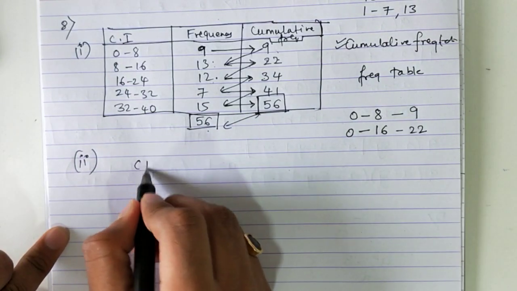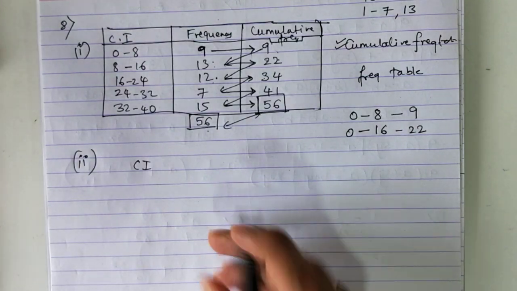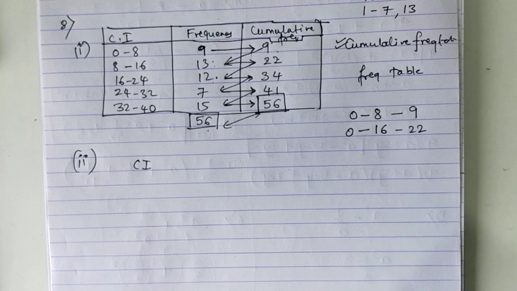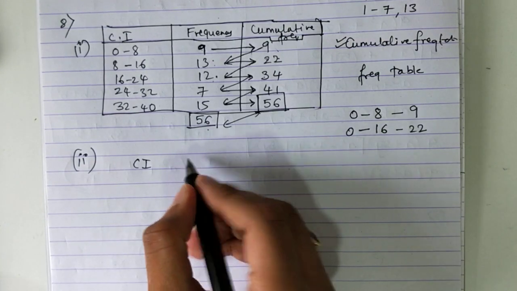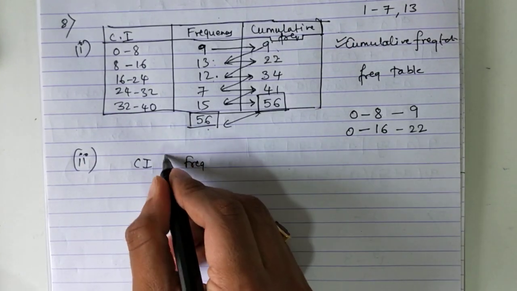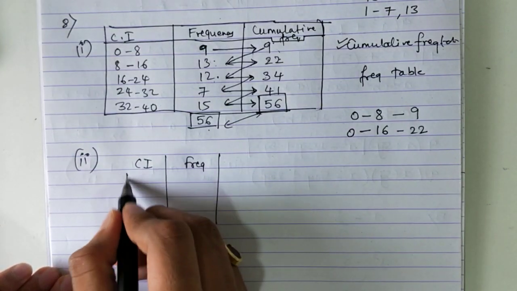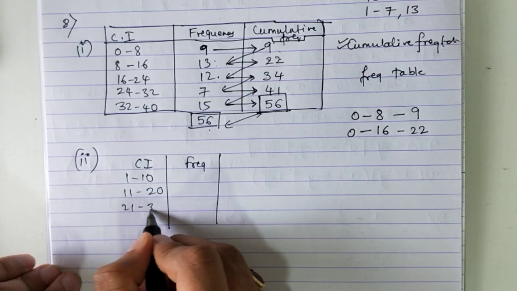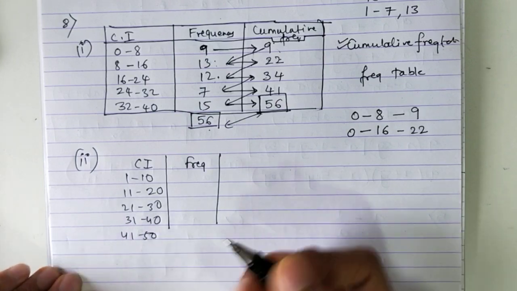I'll again draw the class interval. 1 to 10, 11 to 20, 21 to 30, 31 to 40, 41 to 50.